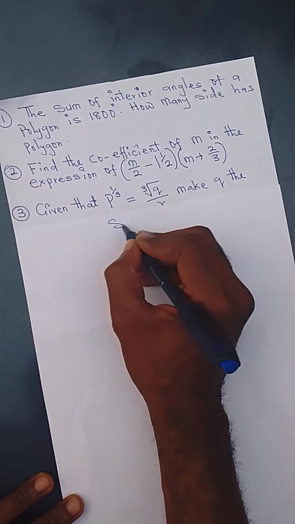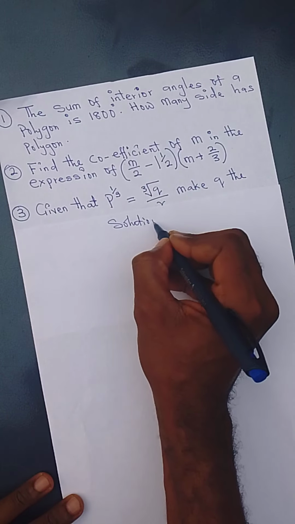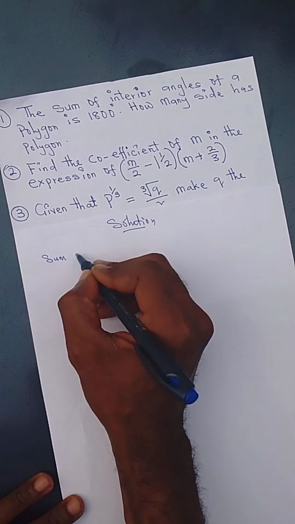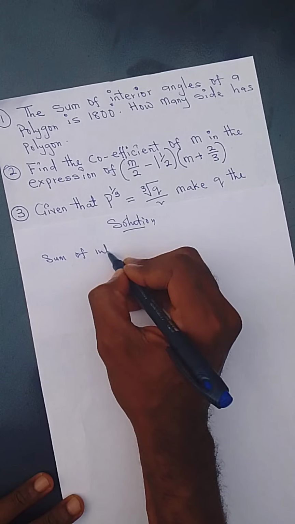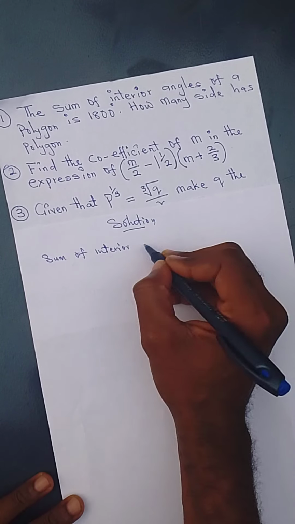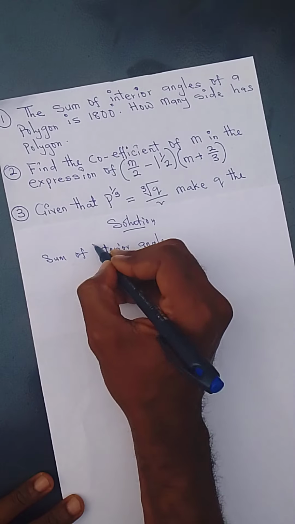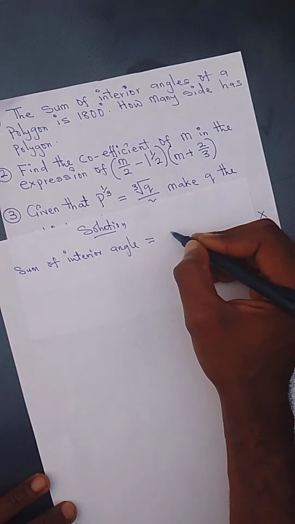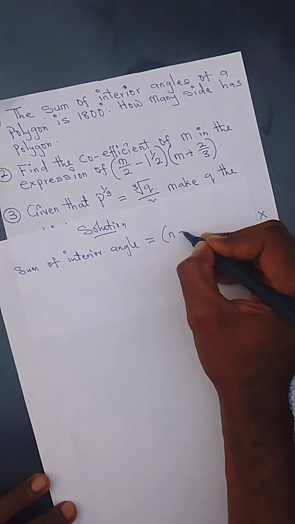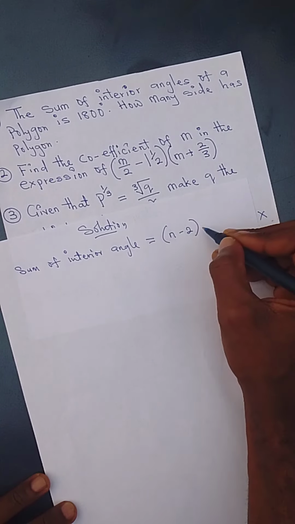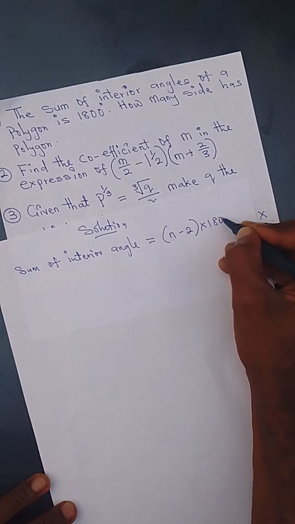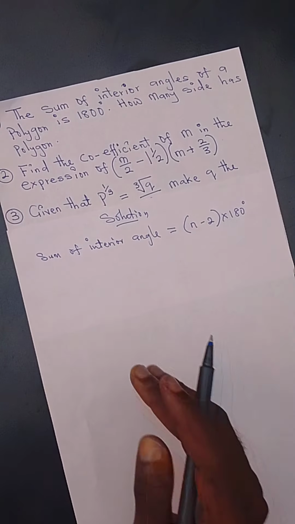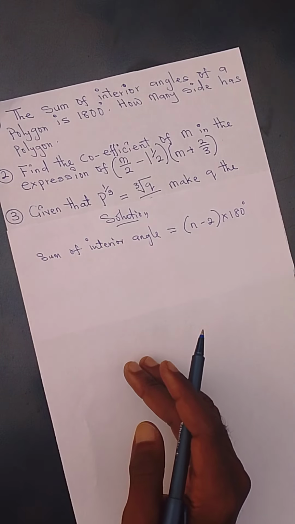The sum of interior angles is equal to (n minus 2) times 180 degrees. Now that is the formula you need to know to find the sum of interior angles of a polygon.